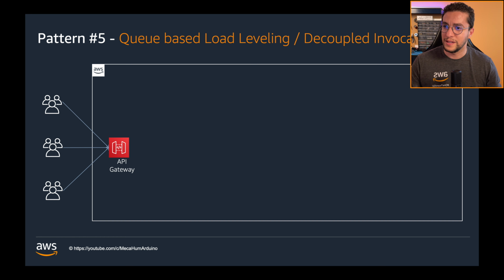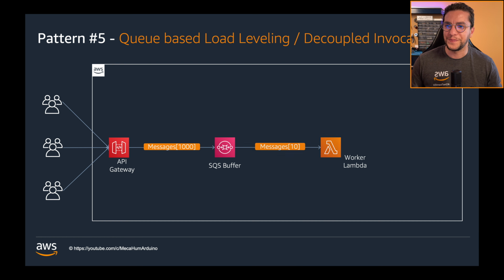So let's build our example together. You have your API Gateway handling incoming requests from clients, right? Well, we'll say we have hundreds of thousands of requests coming in, but you see that now they are being interjected by SQS. They are being stored in the SQS buffer.